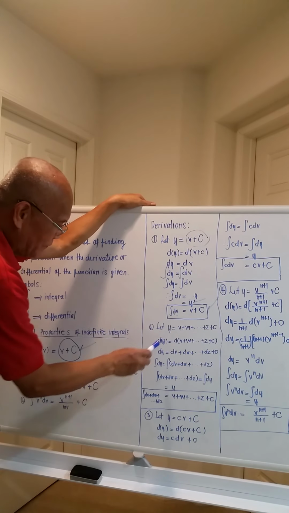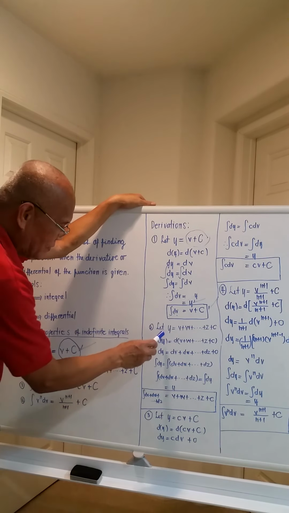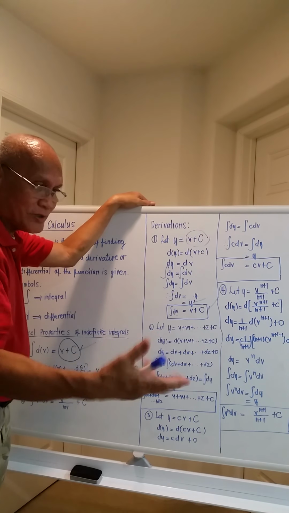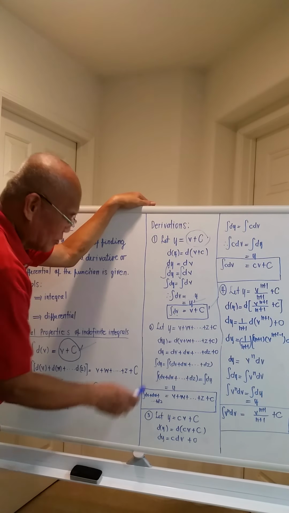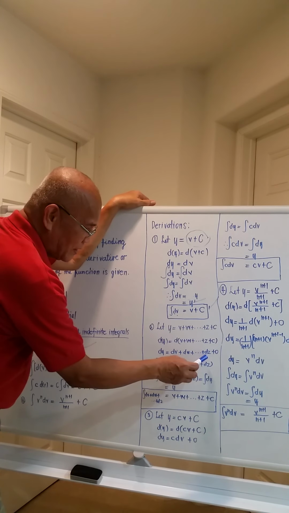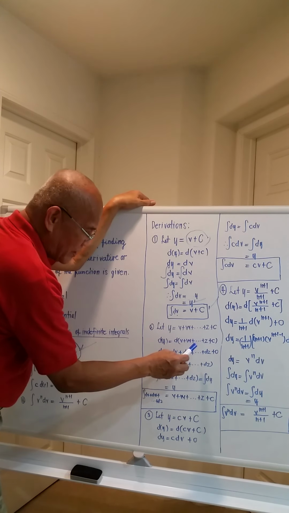Okay? The differential of y is just dy, and the differential of the sum of the functions on the right hand side should be equal to the sum of their differentials. Take the derivative or differential separately, as you see it. So dy now, the differential of v is just dv, the differential of w is just dw, plus ... plus the differential of z is dz, plus what's the differential of a pure constant?